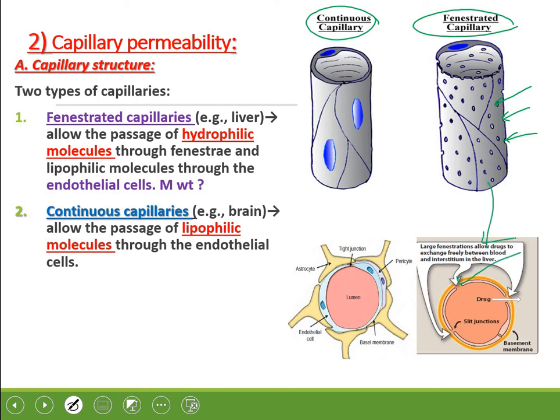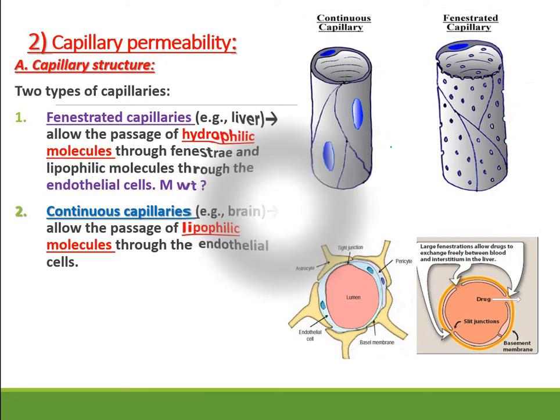But in continuous capillaries, like the blood-brain barrier, there are astrocytes outside, the lumen is there, and it is covered by pericytes, and the basal membrane is there. So it's not easy for the drug to go and ooze out. Only lipophilic drugs will ooze out; hydrophilic drugs will not cross the blood-brain barrier. Therefore, only lipophilic drugs can cross the blood-brain barrier.